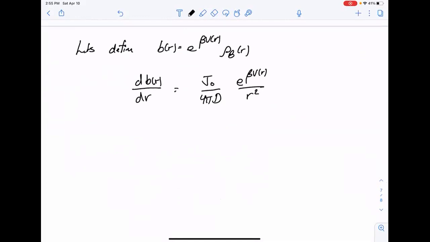So we have a first order differential equation that we could integrate.